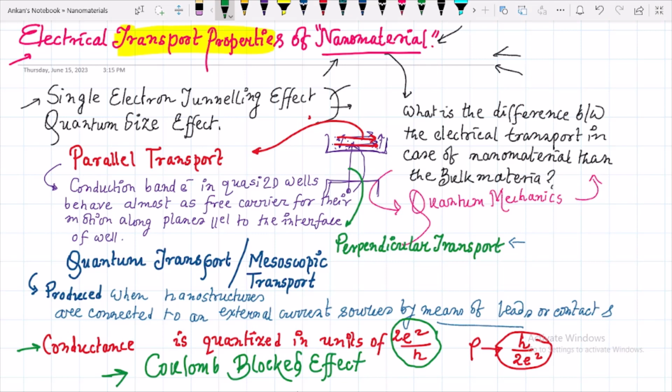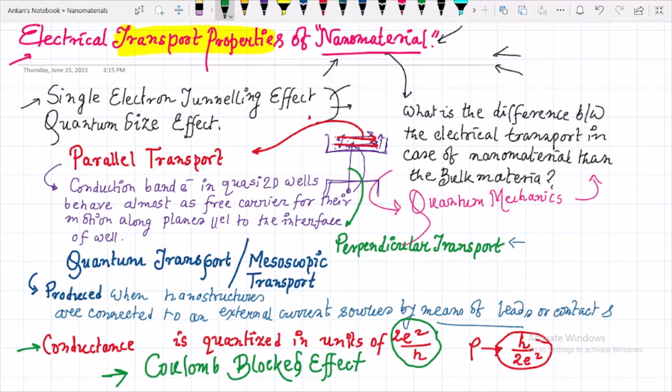We will discuss this in later detail. So till now, what I have discussed are the electrical transport properties of nanomaterials, where we first gave the different transportation processes, that is, parallel transport, perpendicular transport, and mesoscopic or quantum transport. In quantum transport, some interesting phenomena arise, known as the Coulomb blockade effect and the quantization of conductance and resistivity.